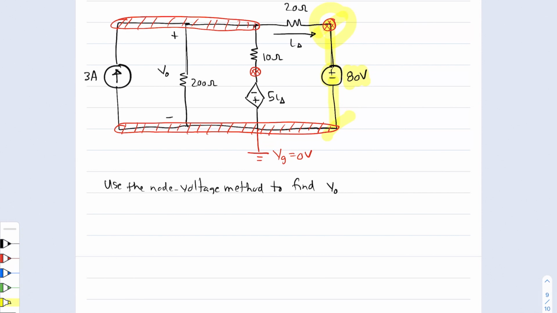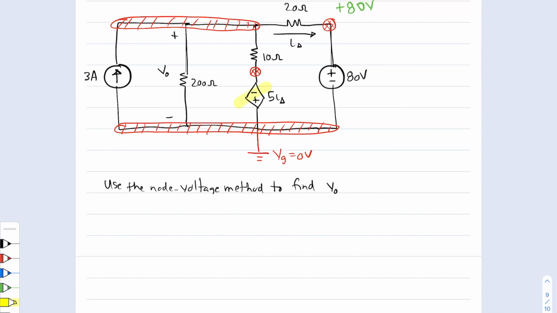That means that this node up here is not independent. Now, in going from this node up through this source up to that node, we go through a voltage rise of 80 volts. That means that the node voltage at this node is 80 volts.